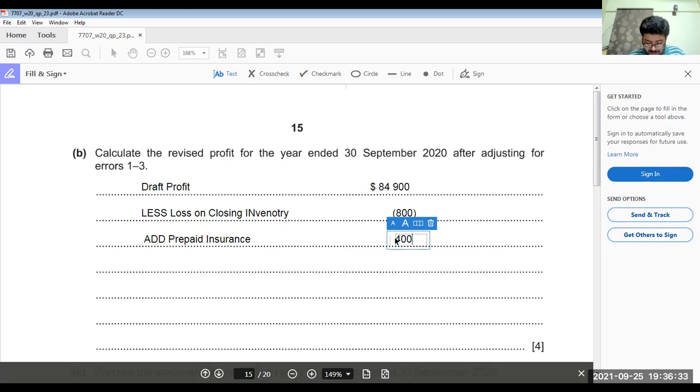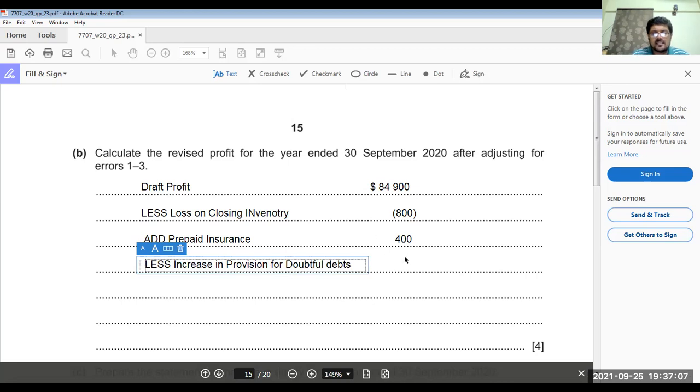So you have to increase provision by 100. So less increase in provision for doubtful debts.